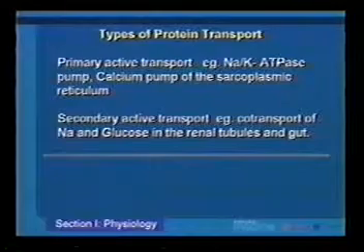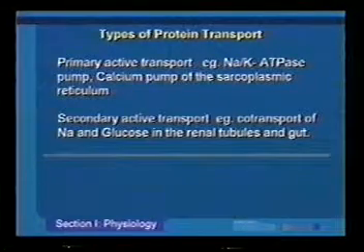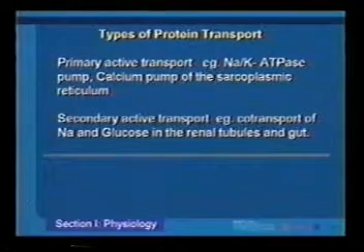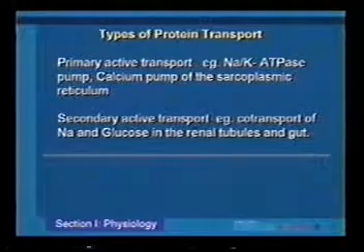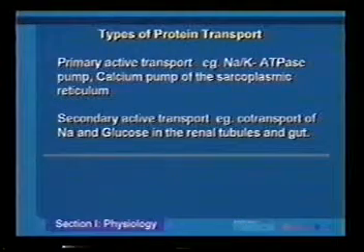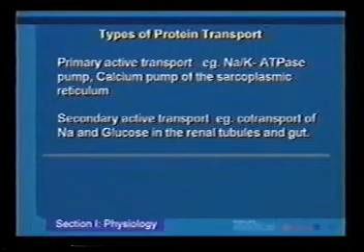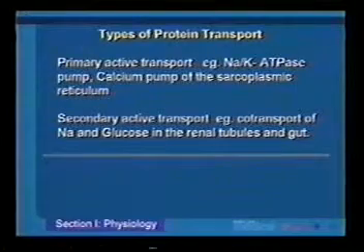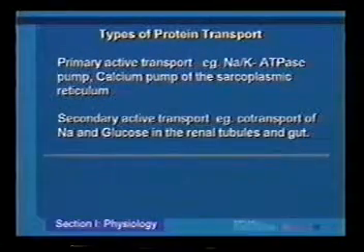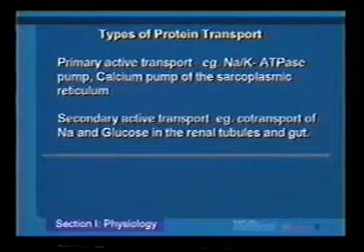Now, primary active transport is unique in that the transporting protein actually has ATPase activity. So in primary active transport, the actual transporting protein has ATPase activity, so it can utilize directly energy from the ATP molecule. And of course, the most common example given is the sodium-potassium pump.